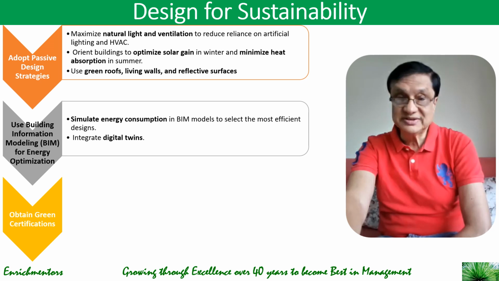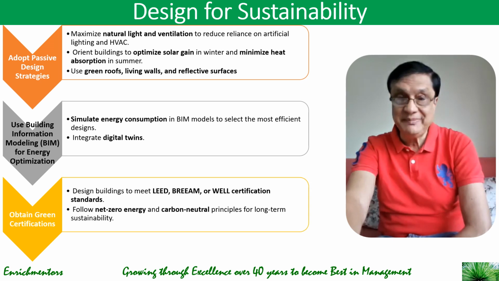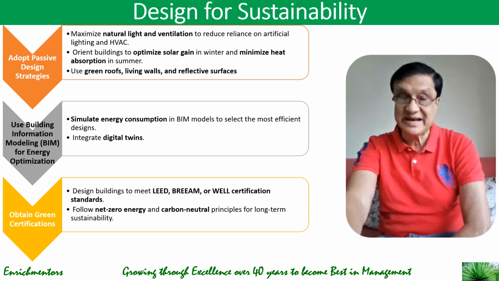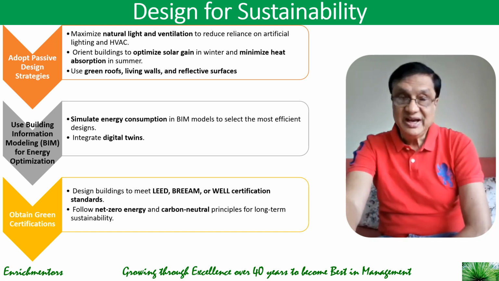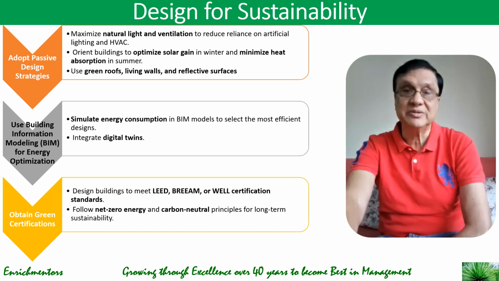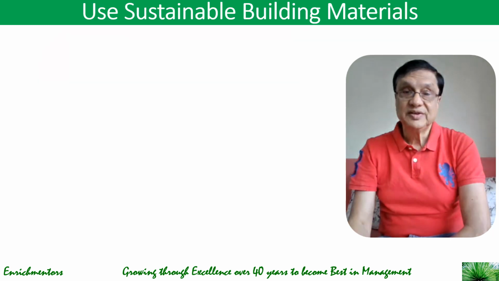There you need to design buildings to meet LEED, BREEAM, and WELL certification standards, which we will talk about in the last lecture in this section, and follow net zero energy and carbon neutral principles for long-term sustainability. So that's how you can design for sustainability.